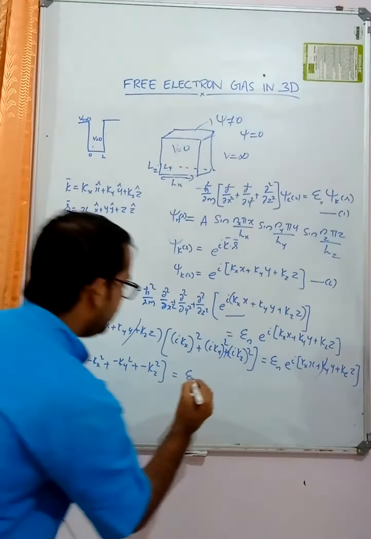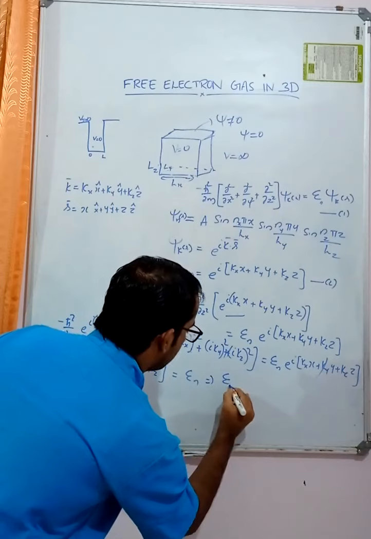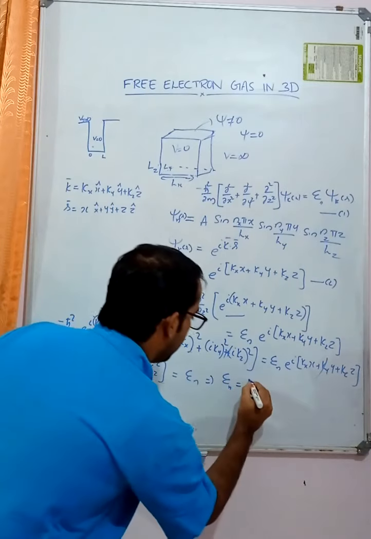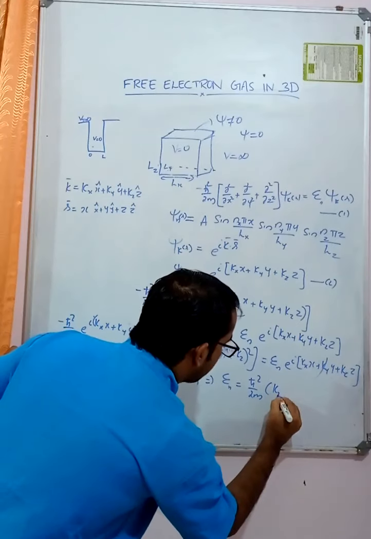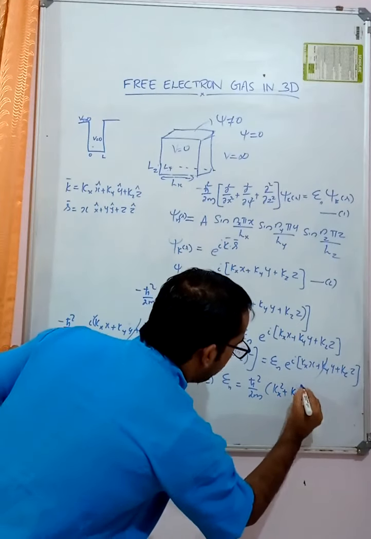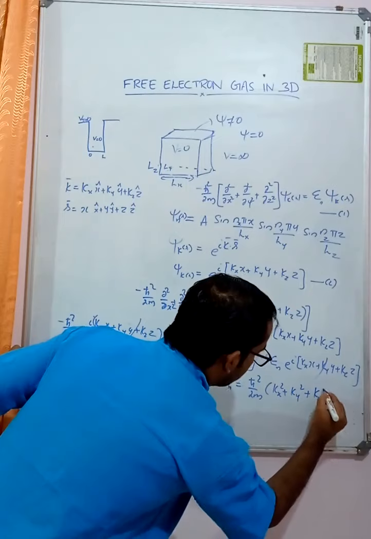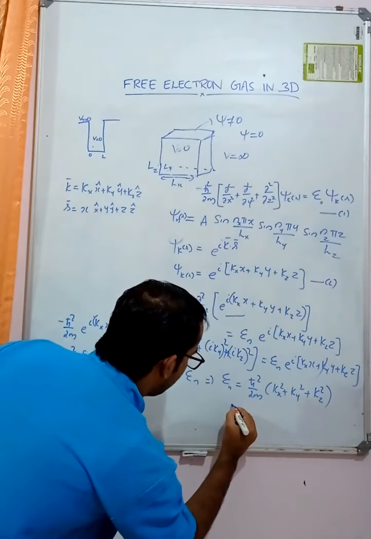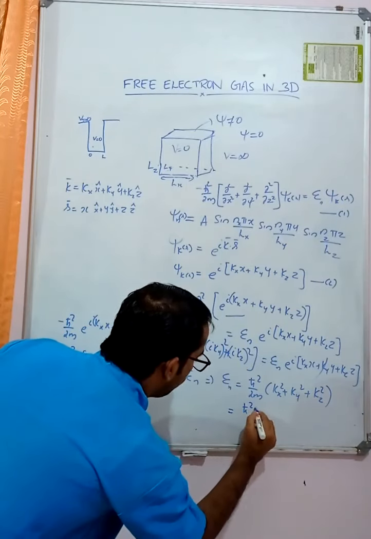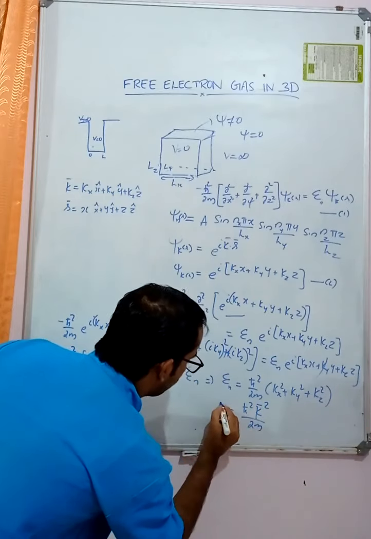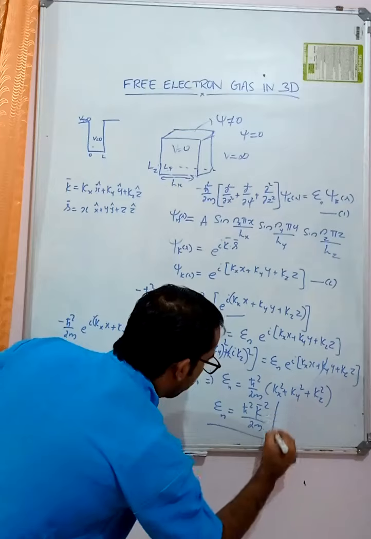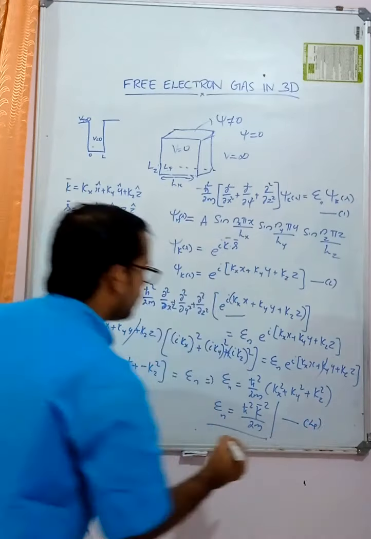So this energy eigenvalue En is equal to h cross square by 2m into kx square plus ky square plus kz square, or this is h cross square k square by 2m. So these are the energy eigenvalues. This is equation number 4.